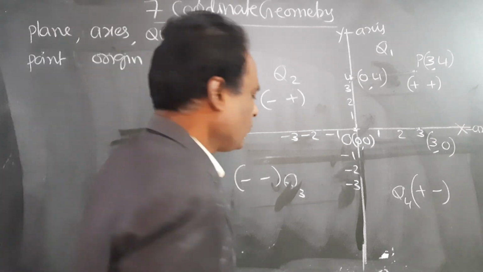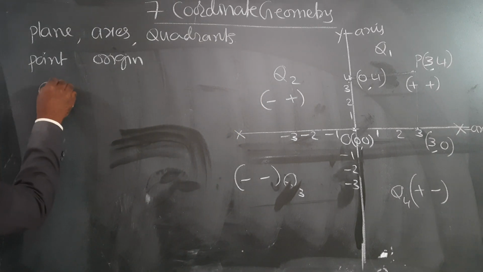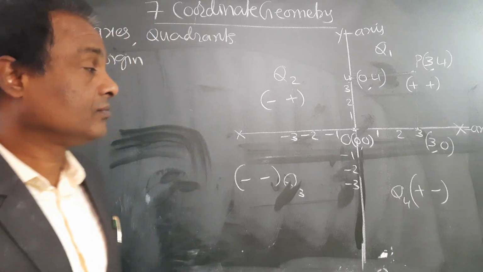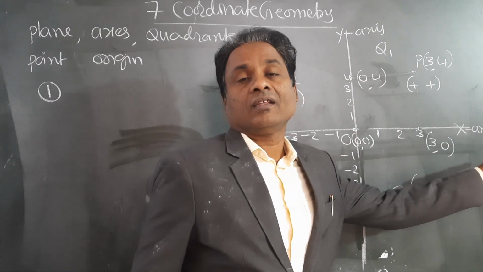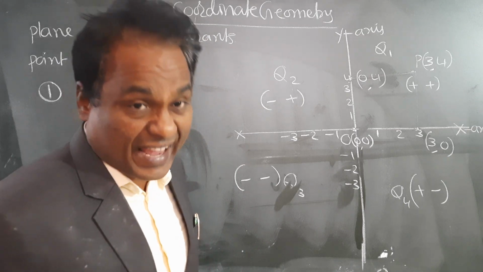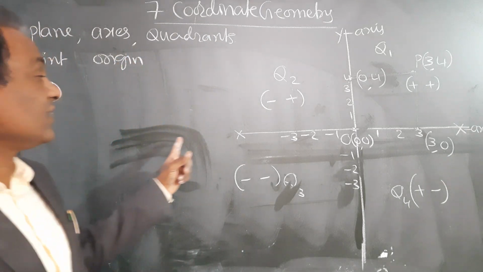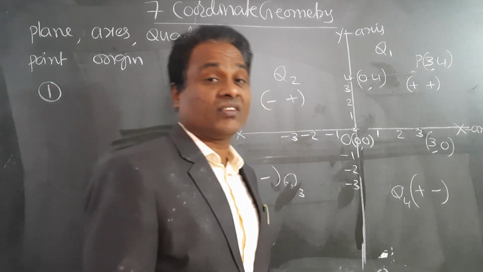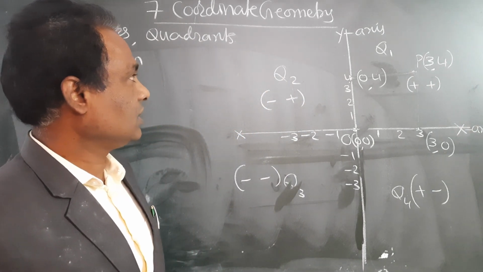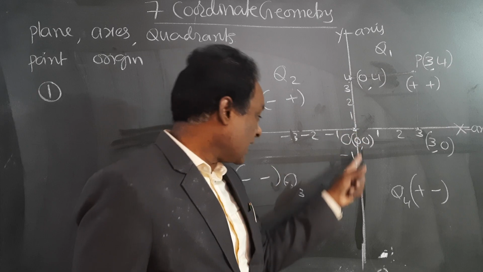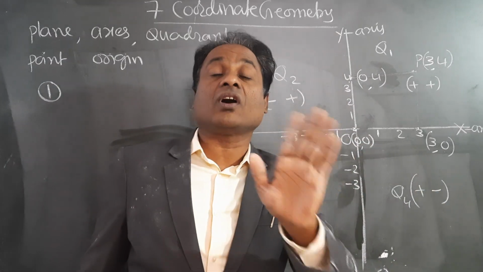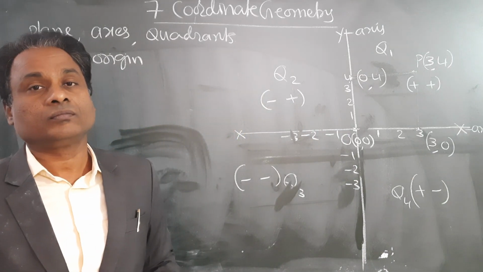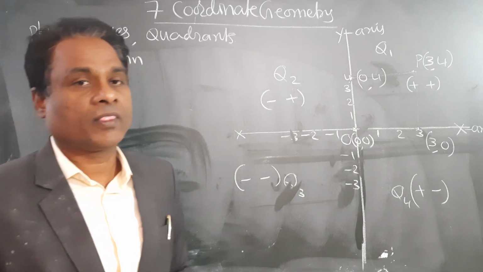So for all these points, you just write some introduction. Write down, students. First point. In a plane, the horizontal reference line is called x-axis, and the vertical reference line is called y-axis.